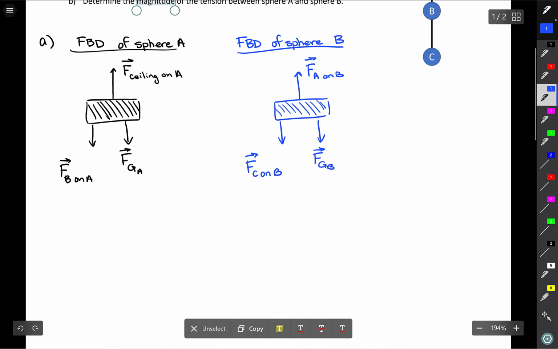And the last one here is we want to do a free body diagram of sphere C. I'll do it over here on the right.